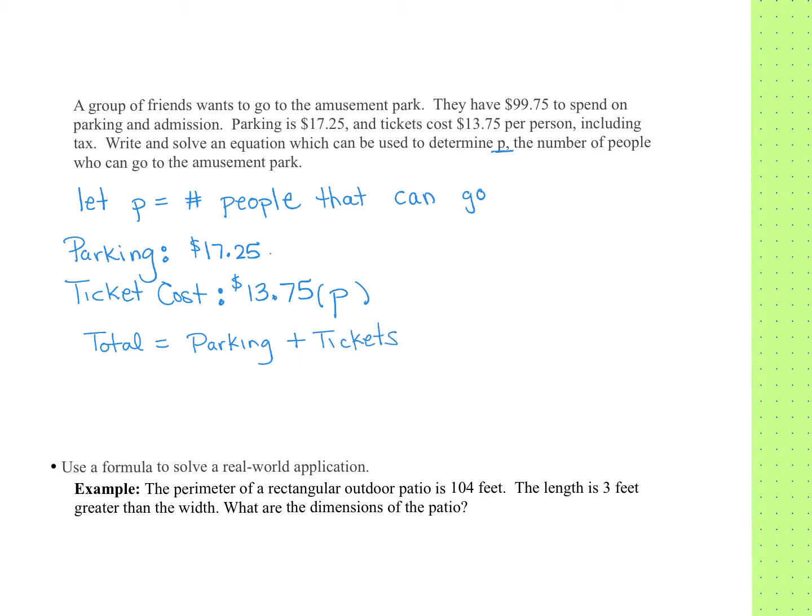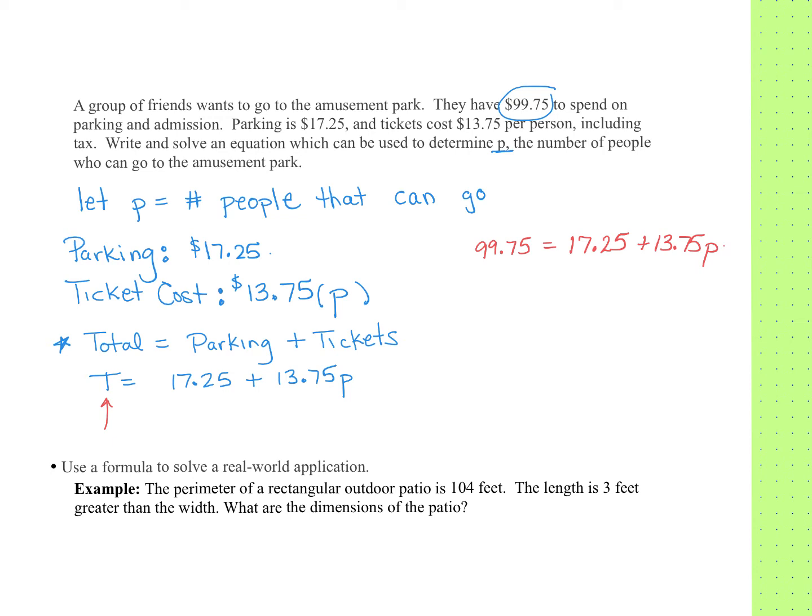And notice how I write this as just kind of a model. So our total is going to be $17.25 plus $13.75 times P. And we're told that they have $99.75. So we'll plug that in here for T, and find out how many people they can take.